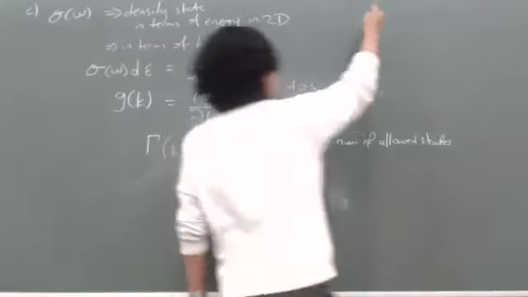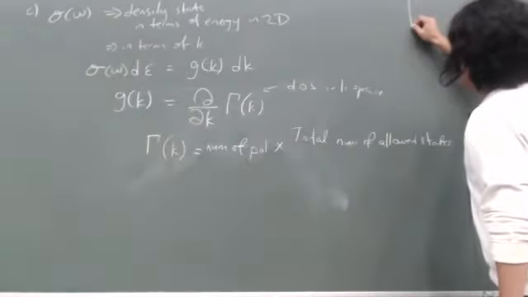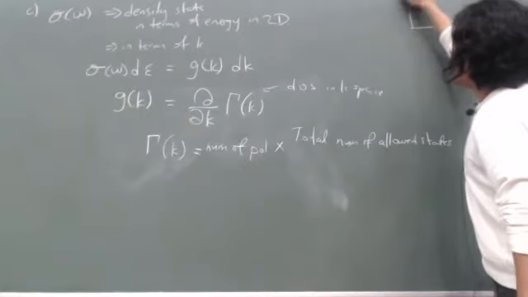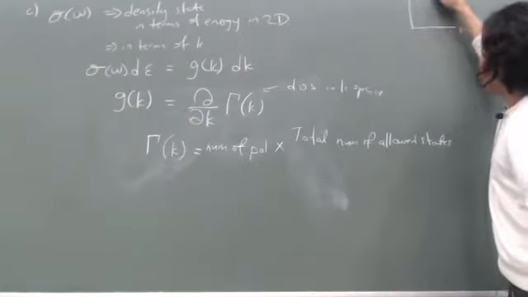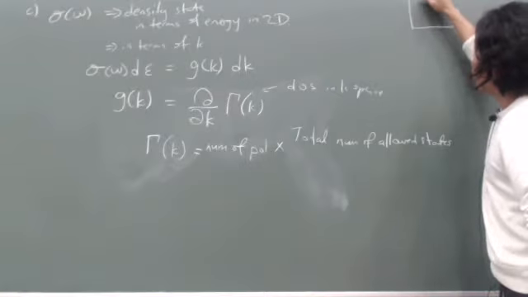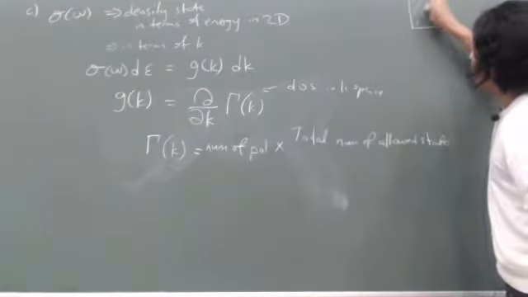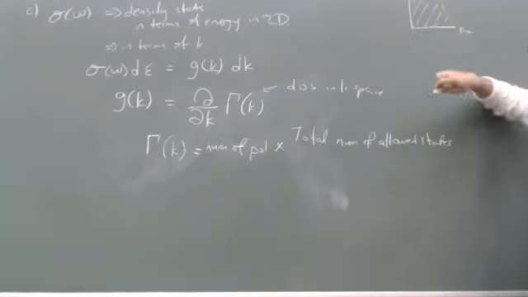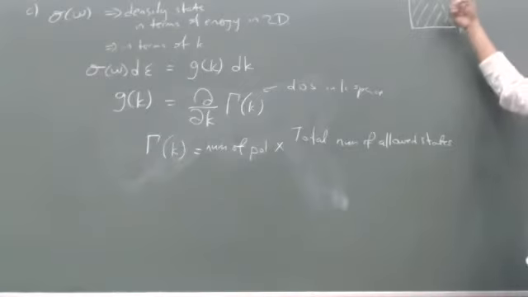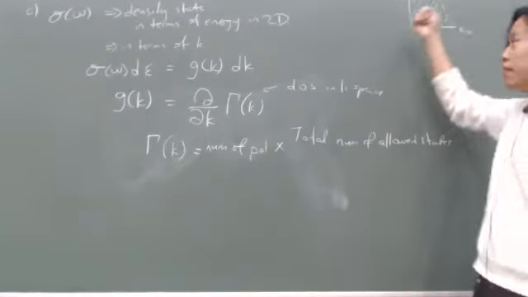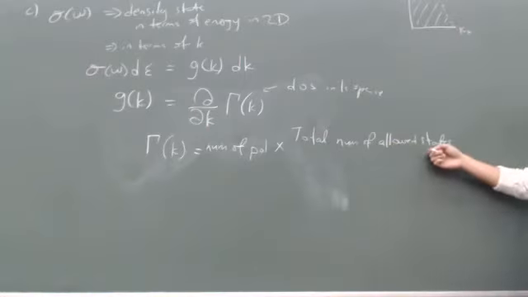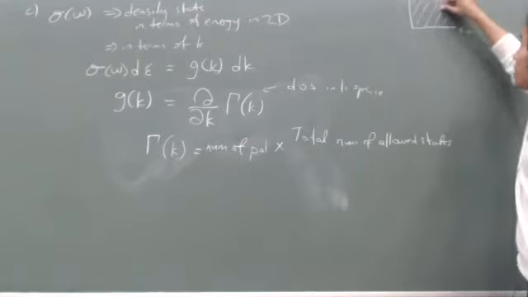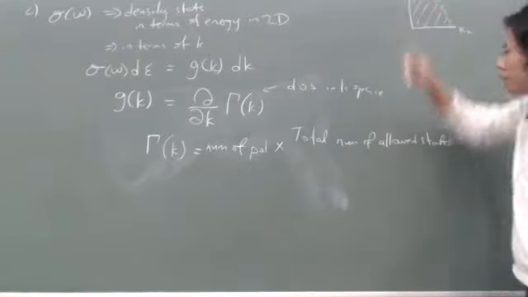If you imagine having some energy cutoff, then in your k space, kx, ky, you're going to have some shell where all the k vectors inside this area are allowed, but the ones outside are too high energy and are forbidden. So the total number of allowed states represents the area of this allowed region.